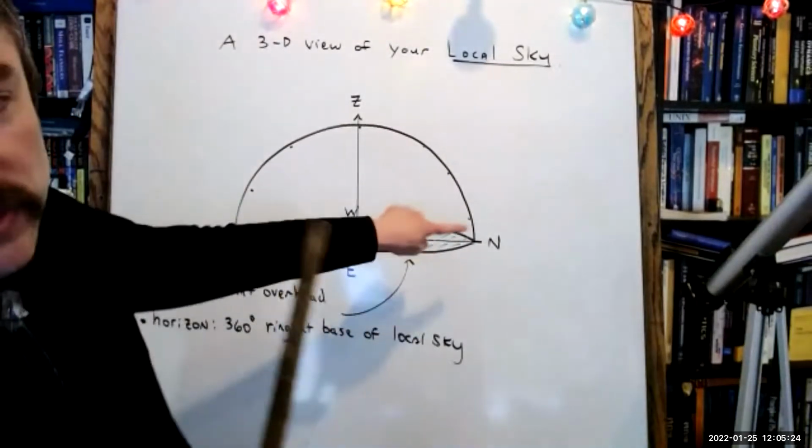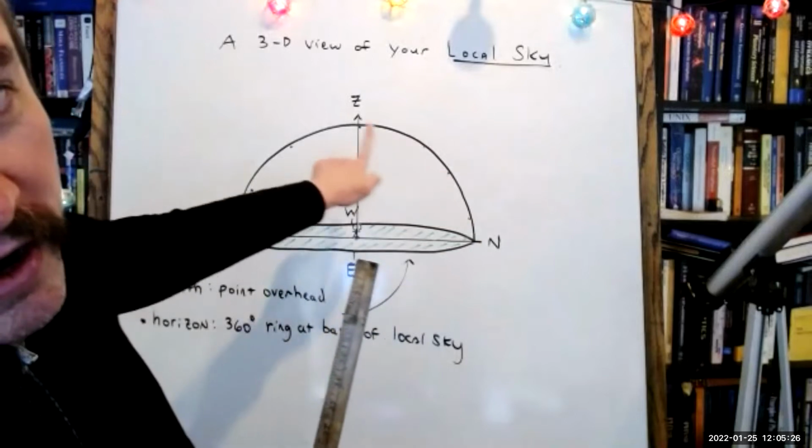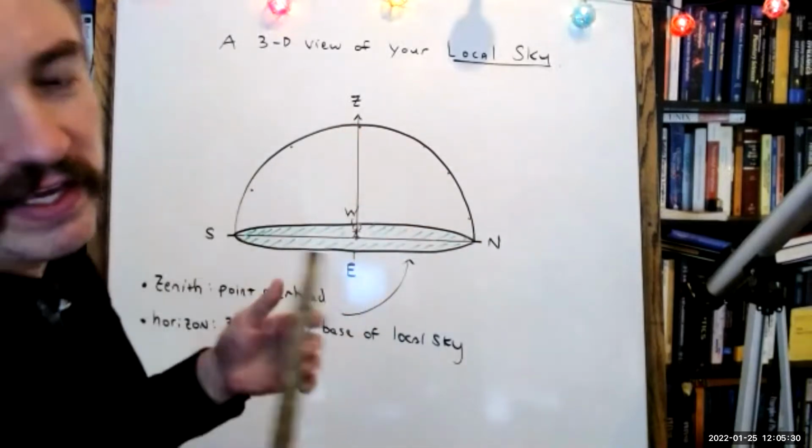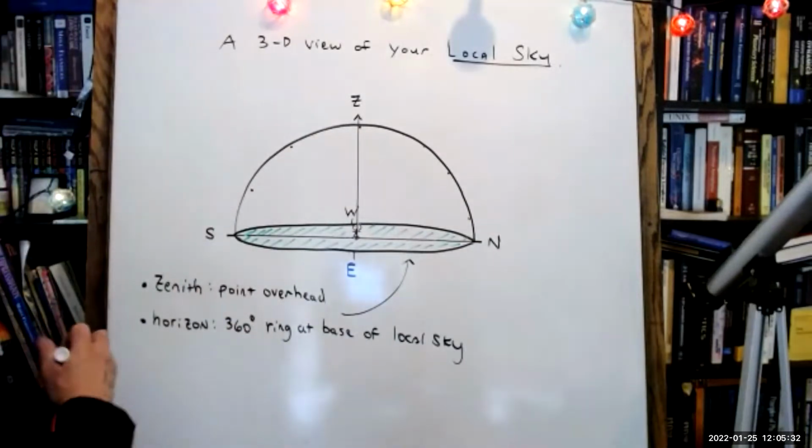Okay, there's also a vocabulary term for an arc that runs north to south and through the zenith, and that's called your meridian.